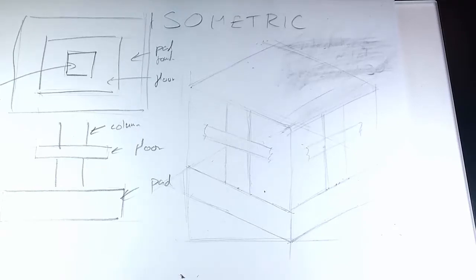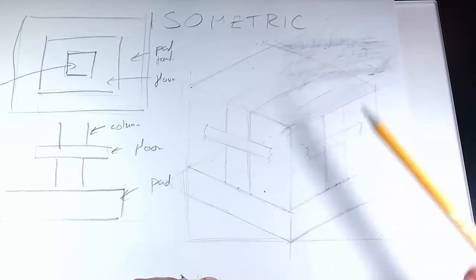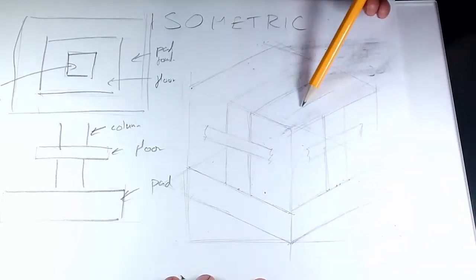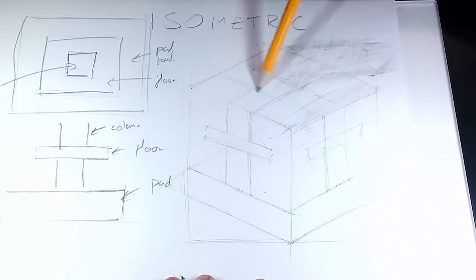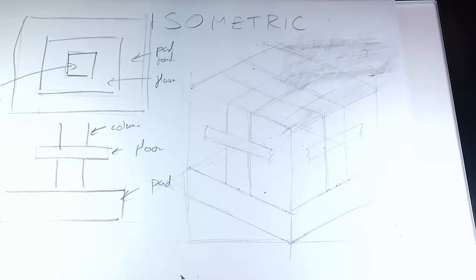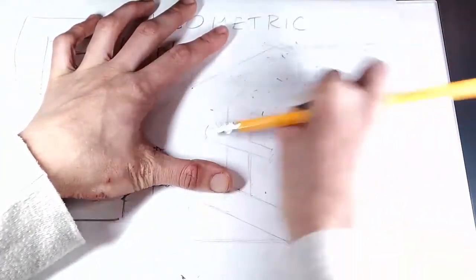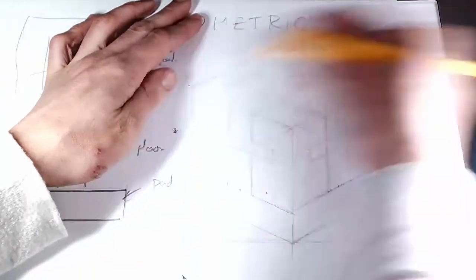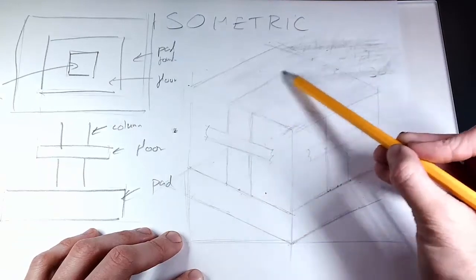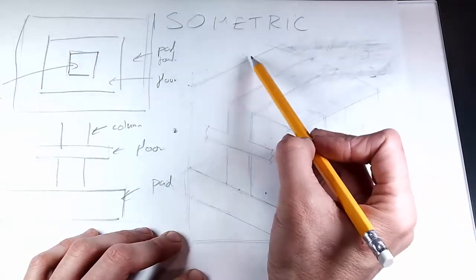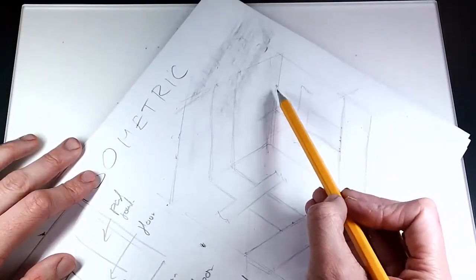And then the top projection. Let's extend those column lines. Great, let's try again. If you mark the location on both of the lines, it does help to centre it better.